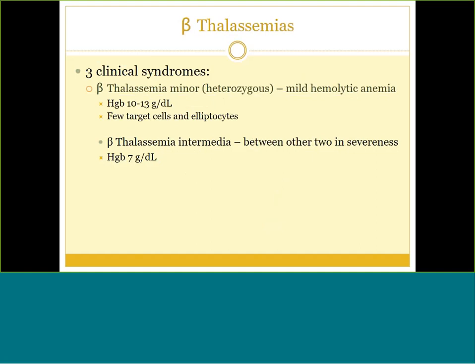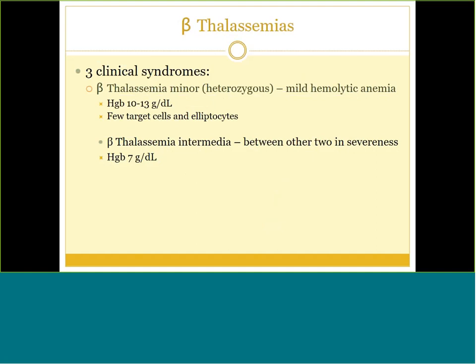All right, let's start with the beta thalassemias. Again, named for that it's affecting the beta chain. So there's three categories of beta thalassemia. We have beta thal minor, beta thal intermediate, and then on the next slide it's going to be beta thalassemia major. So beta thalassemia minor is more of a heterozygous form of the disease, so it's a milder hemolytic process. And the hemoglobin is just slightly anemic, 10 to 13.